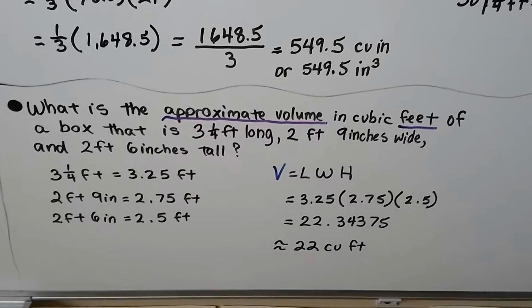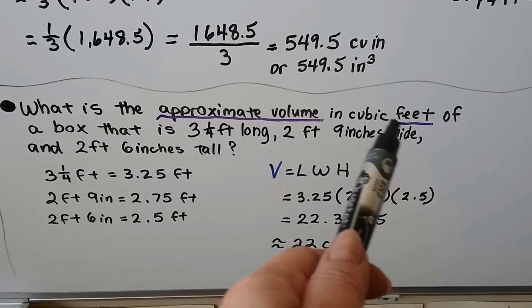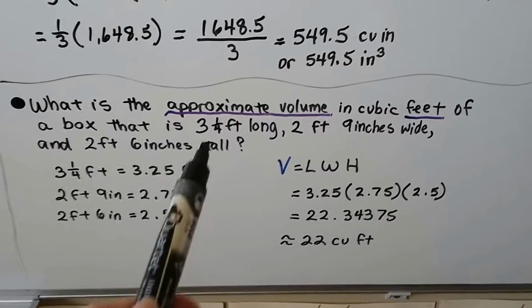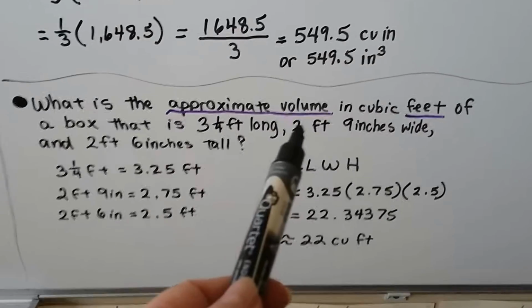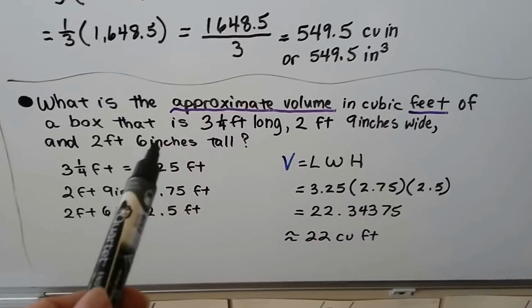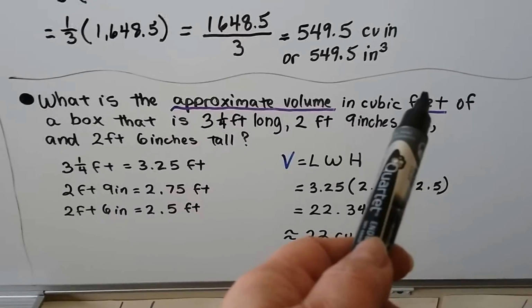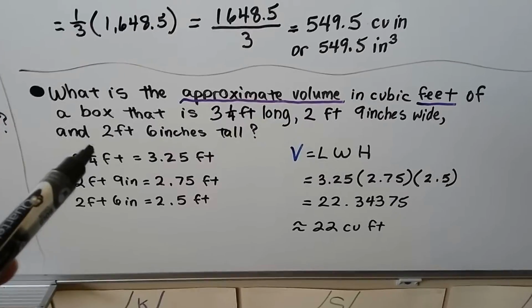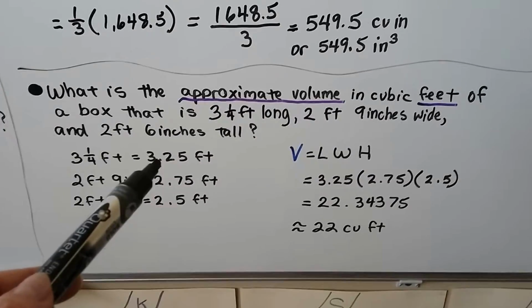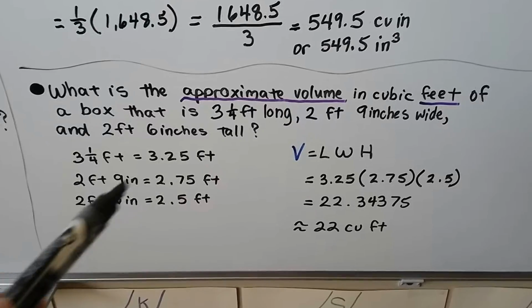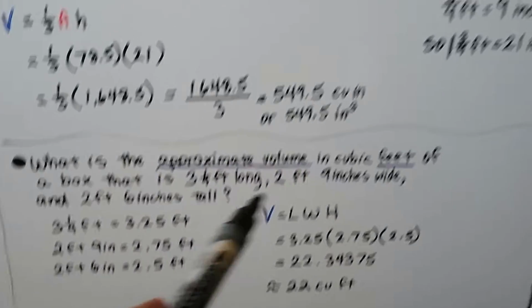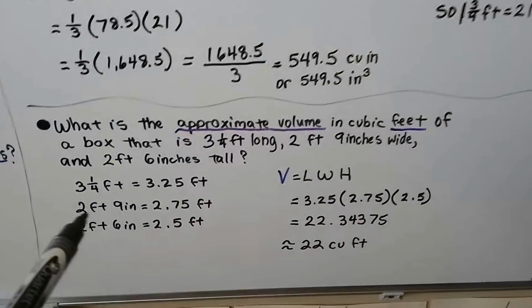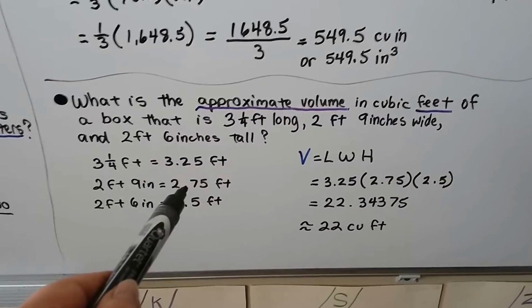What is the approximate volume in cubic feet? It wants the approximate volume of a box that is 3 1/4 feet long, 2 feet 9 inches wide, and 2 feet 6 inches tall. It wants it in feet. So what we can do is say, well, 3 1/4 would be 3.25, wouldn't it? 2 feet 9 inches, we know that 9 inches is 3/4 of a foot. 3/4 would be 0.75, wouldn't it?